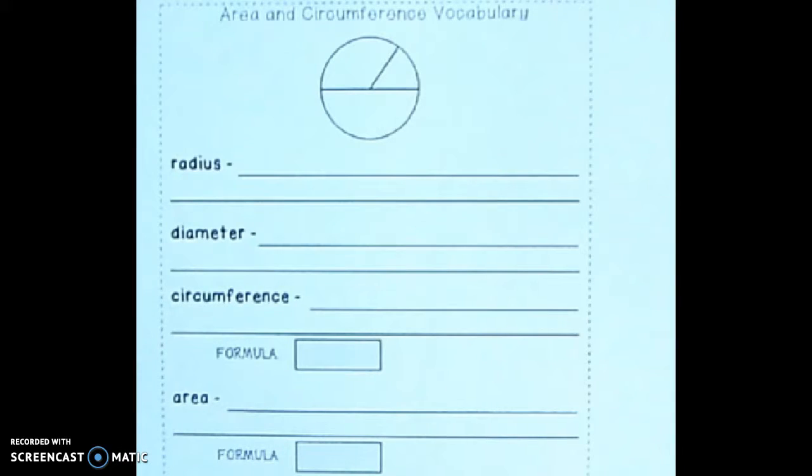All right, on page 74 we have area and circumference vocabulary. We're going to deal with area and circumference of a circle. So here we have the circle that we're dealing with.